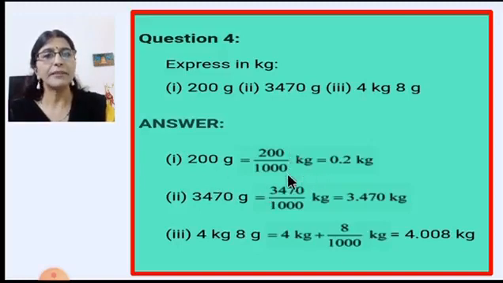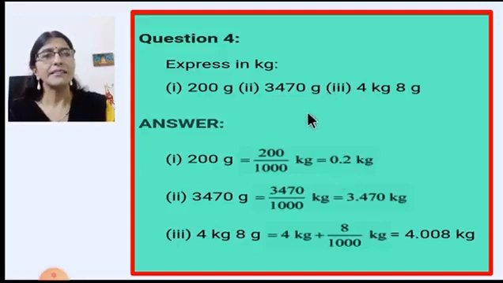So 200 will be divided by 1000. And then here you see the number of zeros, 3 zeros are there. So we'll count 3 places here, 1, 2, 3. We'll shift the point from the last to here. So you will get 0.200 kg, or you can write 0.2 kg also.